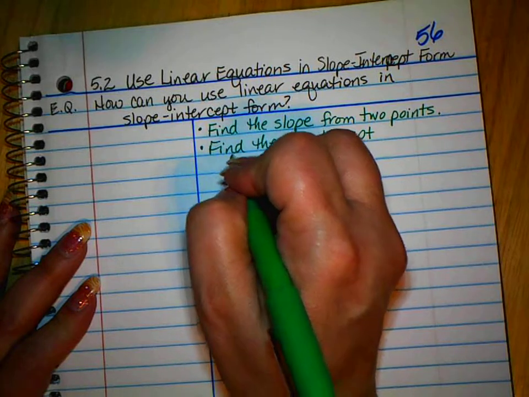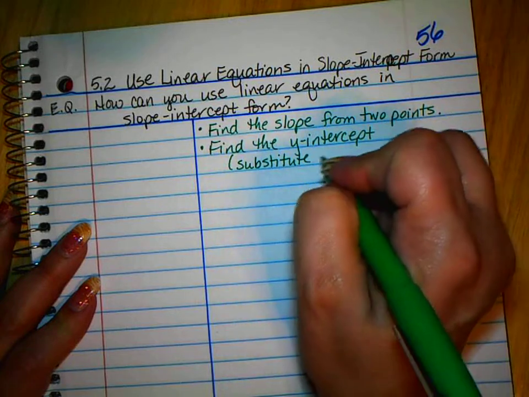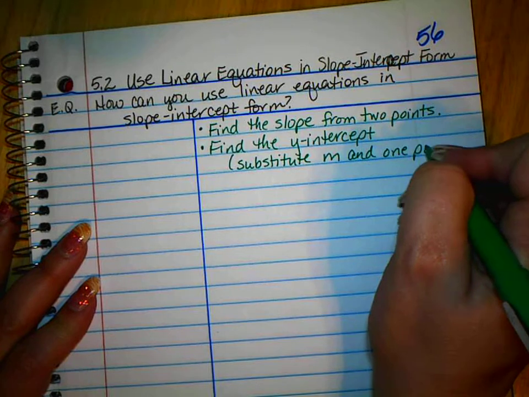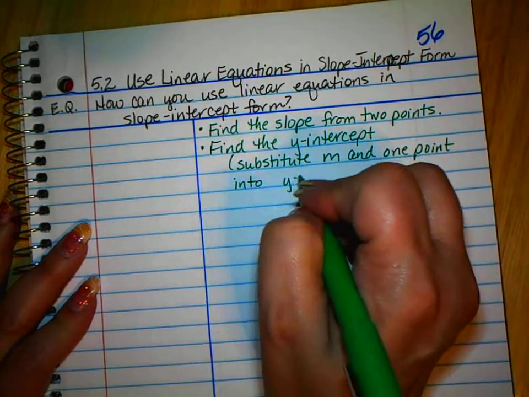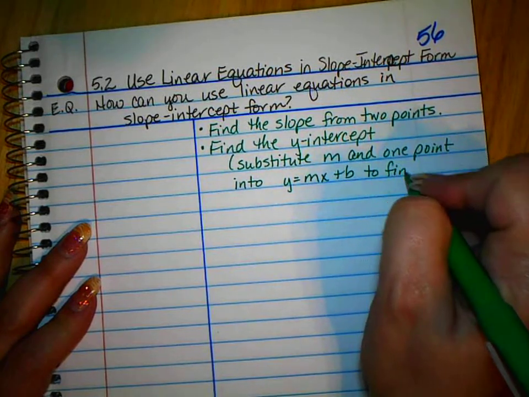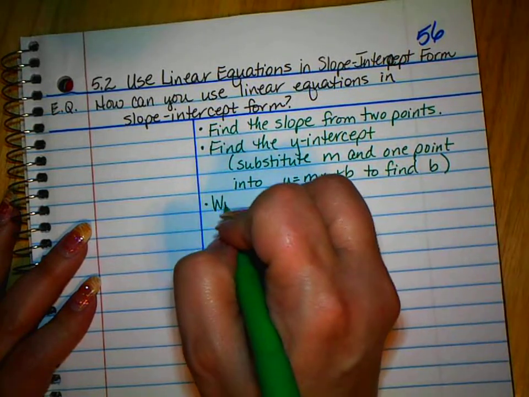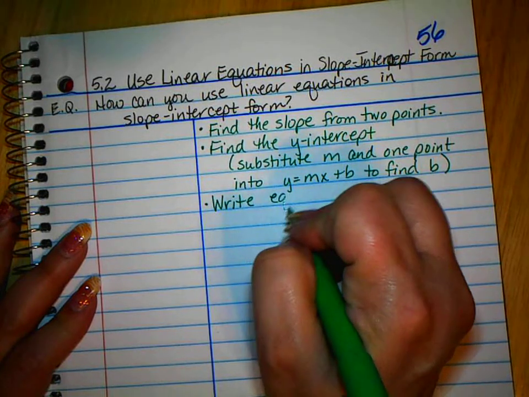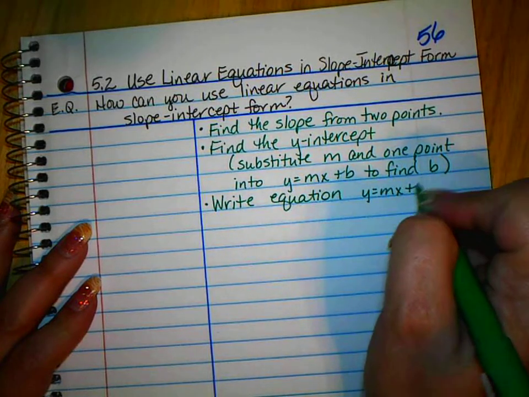And what you would do there is substitute the slope and 1 point into y equals mx plus b to find b. And then finally, once you have the slope and you have the y-intercept, you're going to write the equation. Y equals mx plus b.